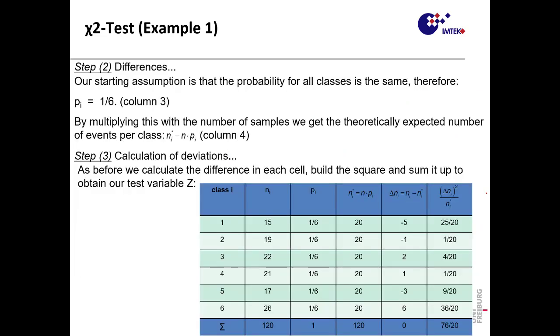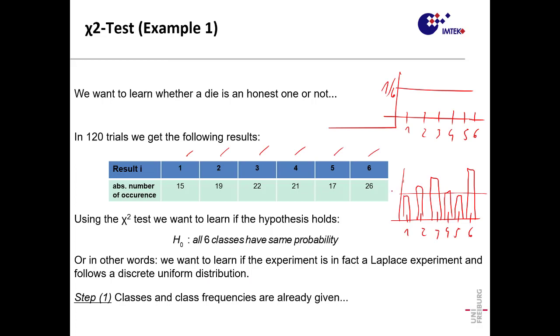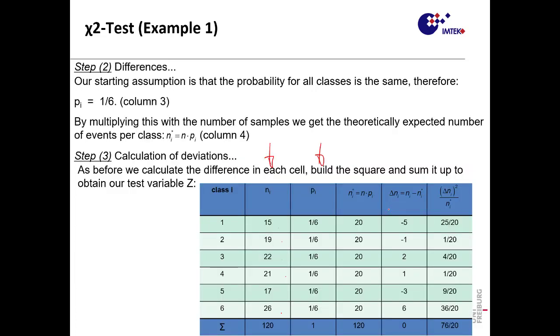The second part is you define the probability, the theoretical one. We know that all should be 1/6. So the first column is already filled with our classes and the values inside the classes. Okay? This is what we have. The second column, for all of them, should be 1/6. Okay? So 1/6 for the second column.